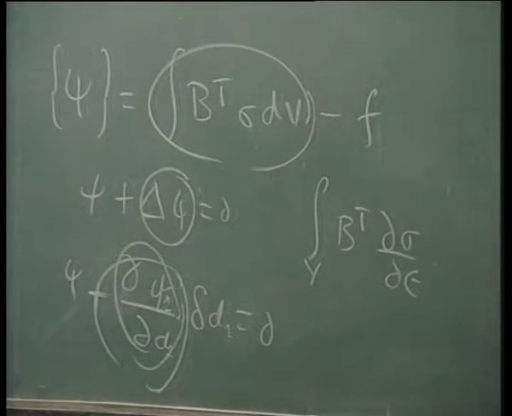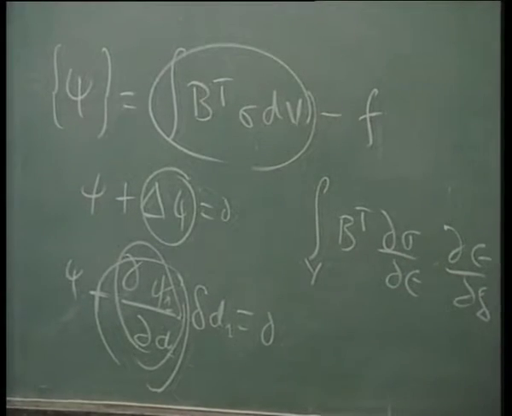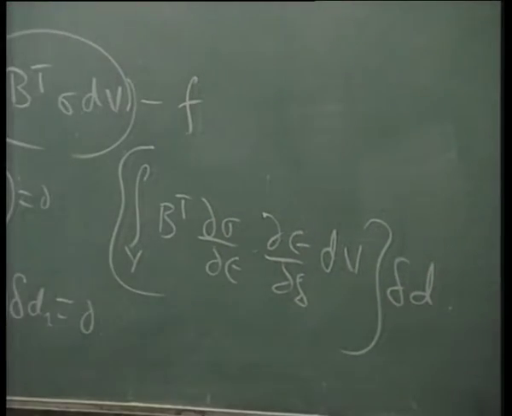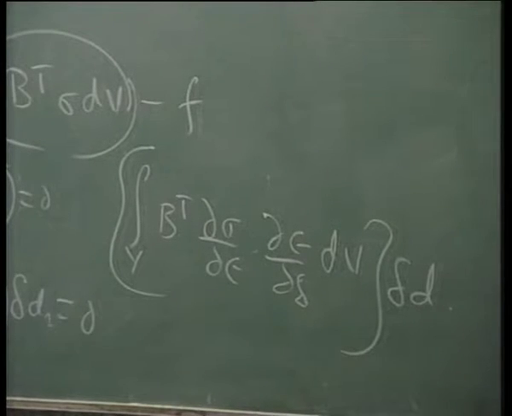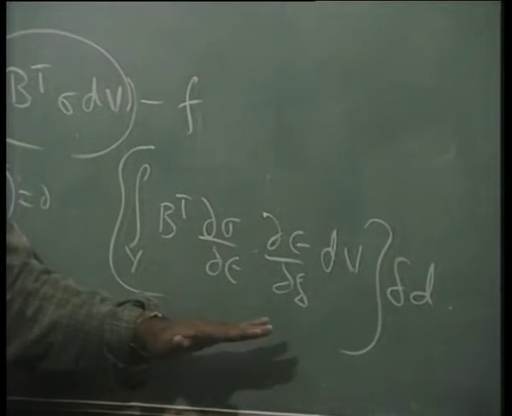Dou sigma by dou epsilon into dou epsilon by dou d. This also we know, because strain is a function of displacement, into delta d. Is it clear? Exactly, that is the KT matrix. This is what is inside here, is the KT matrix.